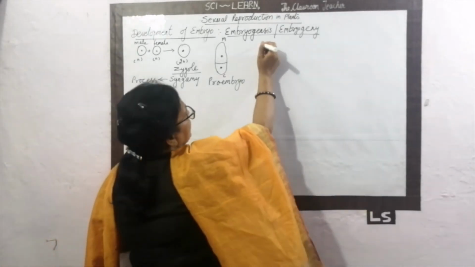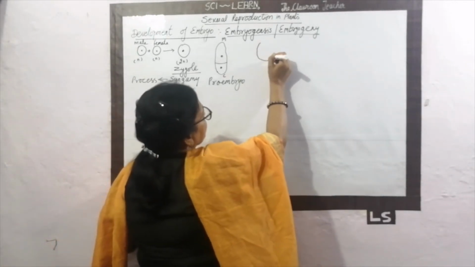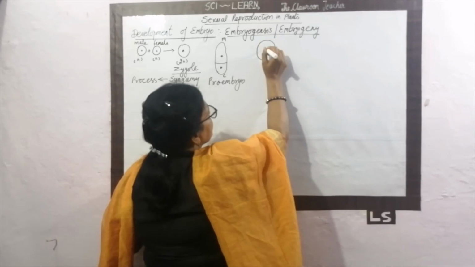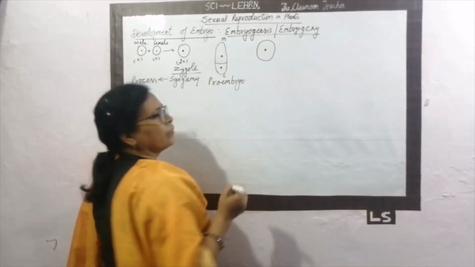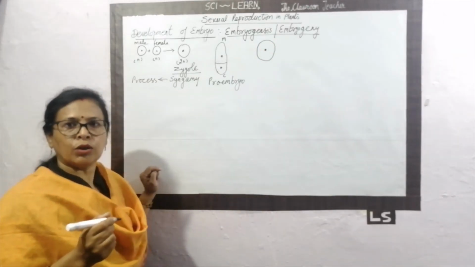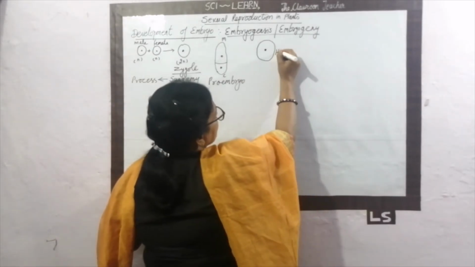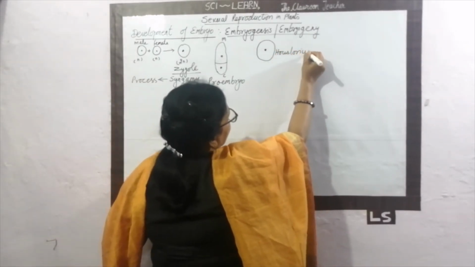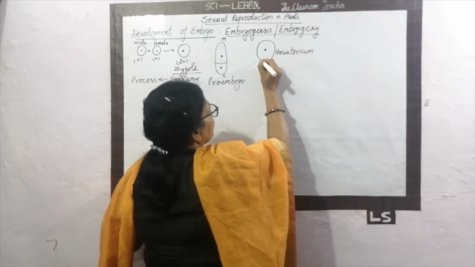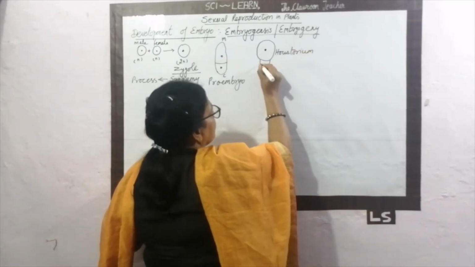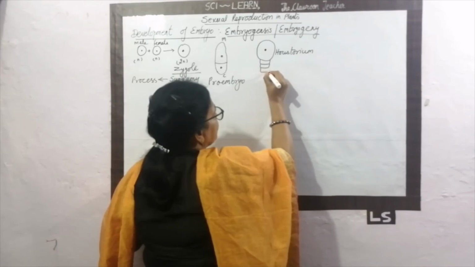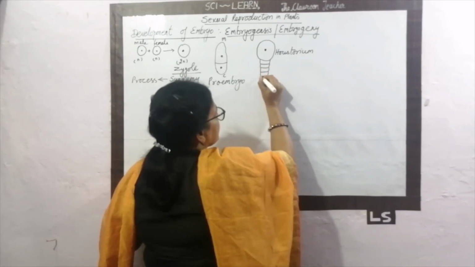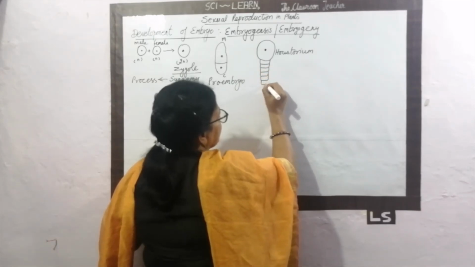What happened here? This first cell enlarges and we call it haustorium. The haustorium further develops a number of cells, a 6 to 8 cell structure.